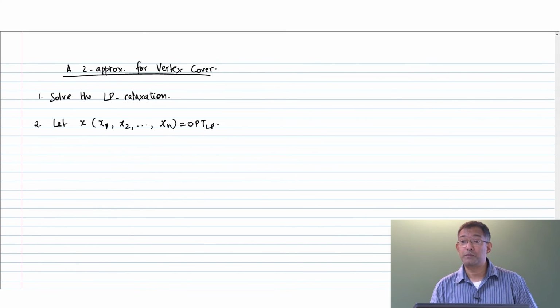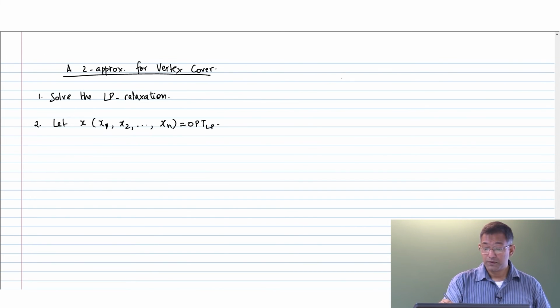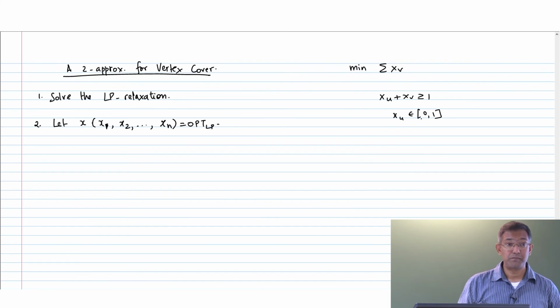Let us say x is the optimal solution to the linear program. So, the linear program is the following. Okay.